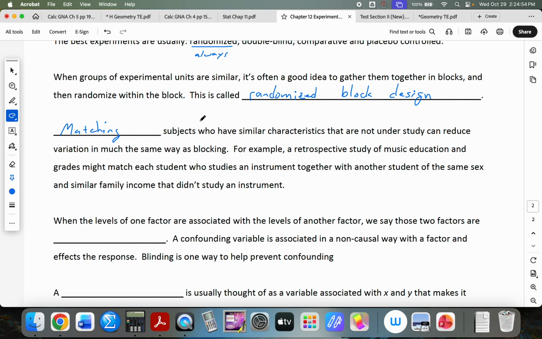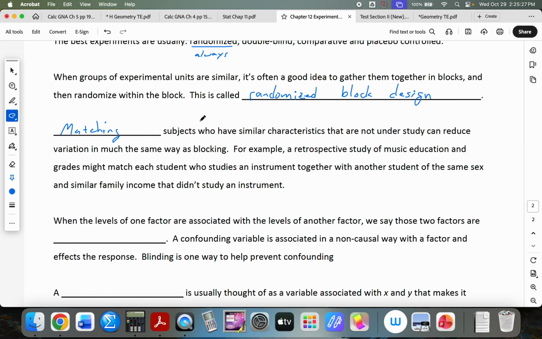Matching subjects who have similar characteristics that are not under study can reduce variation in much the same way as blocking. For example, and they talk about a study of this in your reading. It says a retrospective study of music education and grades might match each student who studies an instrument together with another student of the same sex and similar family income that didn't study an instrument. Right?